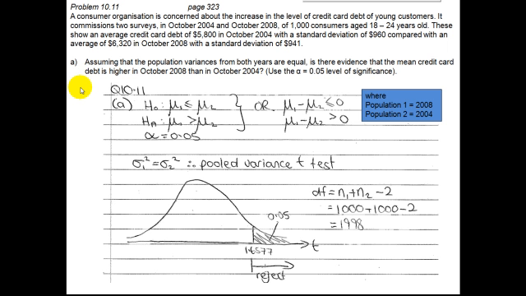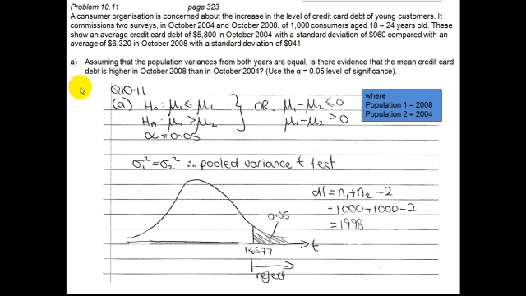Now we know that the first thing to think about with any two population hypothesis test is which population we're going to make population 1 and which one population 2. It doesn't really matter which way around you go, so long as you're consistent you'll end up with the same final conclusion when we link it back to the actual scenario.